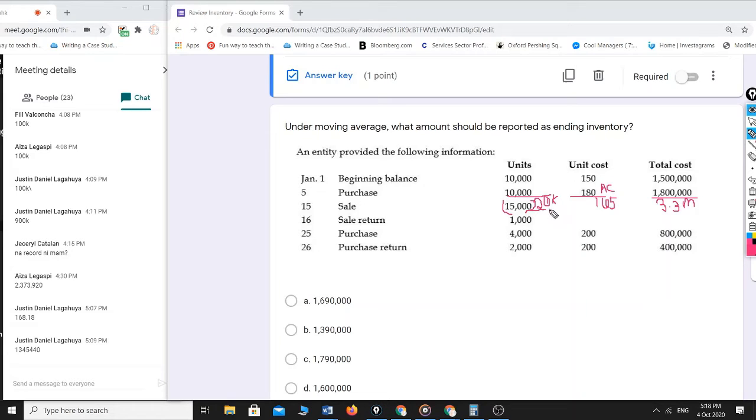The updated number of units in the inventory is just 5,000. Our average cost, we're still using 165. Actually, what affects the average cost in the moving average is the purchases. 5,000 times 165 is 825,000.